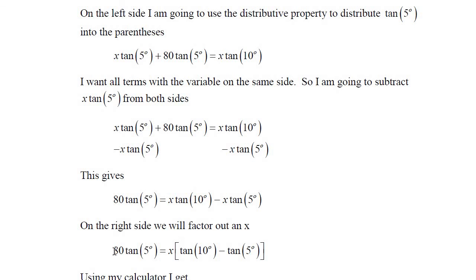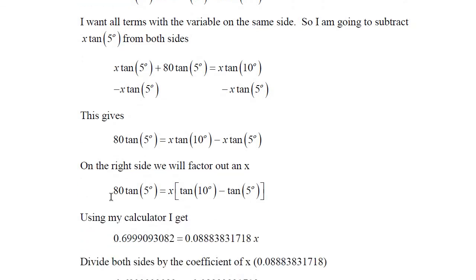Now notice on the right hand side we have an x that's common. If I factor my x out, that gives me x times tangent of 10 degrees minus tangent of 5 degrees.